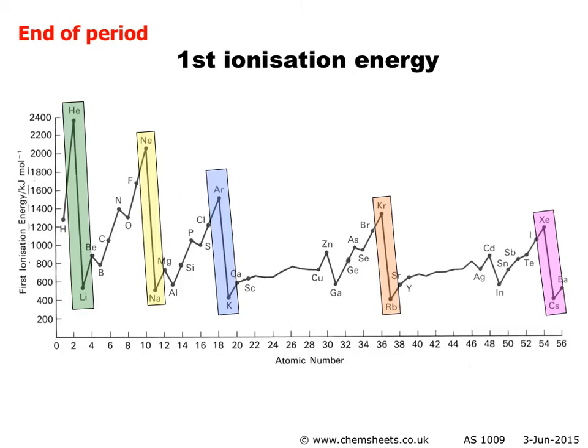If you remember that image earlier, and you might want to go back and look at it, which gave us comparative atomic radii in groups 1, 2, 3, 4, 5, 6, 7, and 0, there was a big difference between the atomic radii of, say, neon and sodium. Sodium was a much bigger atom. So we have increased shielding, and we most certainly have an increase in the distance from the nucleus to the outermost electron when we go from the element at the end of a period to the element at the start of the next period.